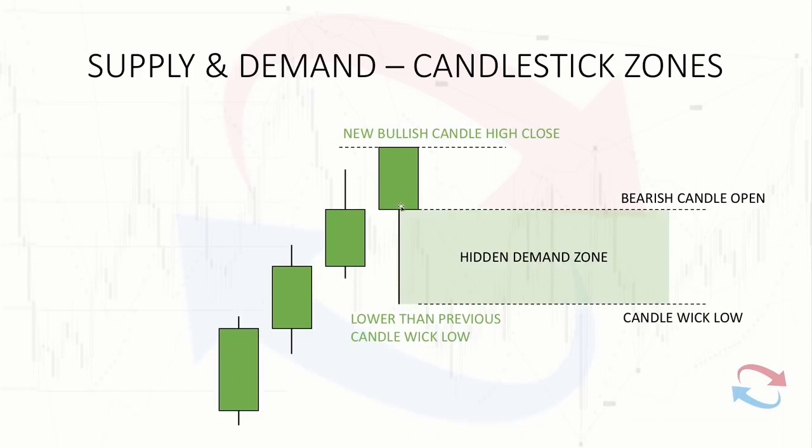It's because throughout the day, remember this is a daily or a weekly, but let's say this is a daily candlestick, let's walk through what would have happened during the day with this candlestick. This long wick would have indicated that there was definitely a lot of supply coming in during the day, and then demand obviously came in so much that it closed prices higher than the previous day.